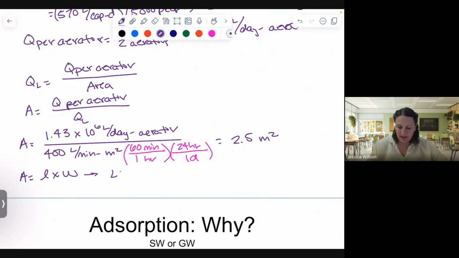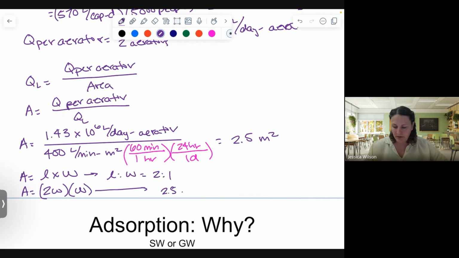And if the length to width ratio is 2 to 1, then we have 2W times W for our area. So plug that in, 2.5 meters squared is equal to 2W squared. Then our width ends up being 1.11 meters, and our length is 2.22 meters.